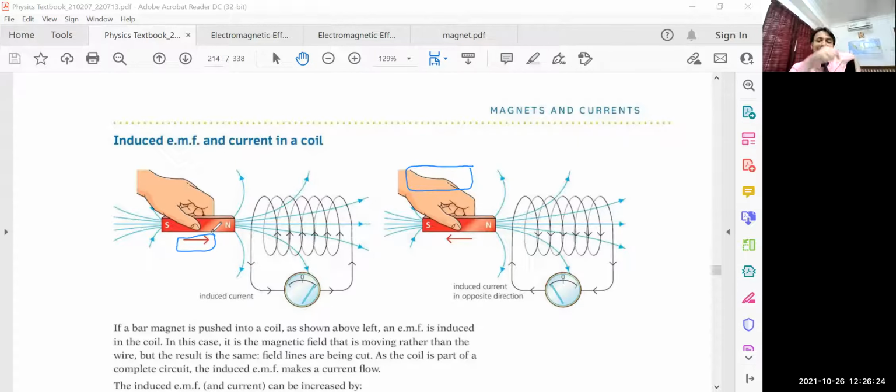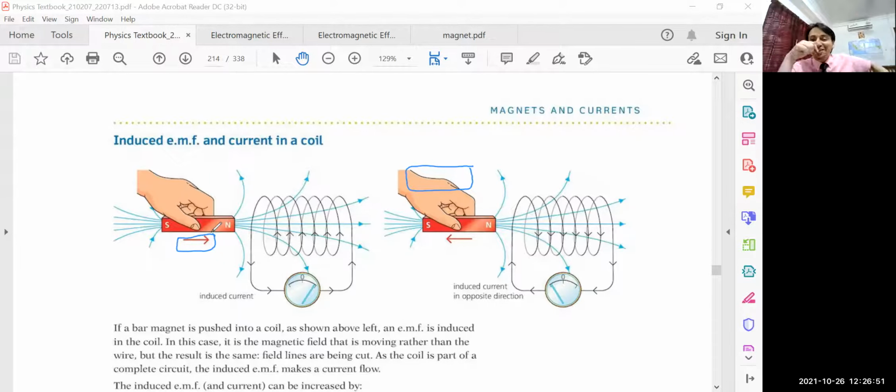He explained that the current will be induced in a coil in such a way, let me repeat my word, children, that it can oppose the factor which is responsible for the current to be induced in a coil.